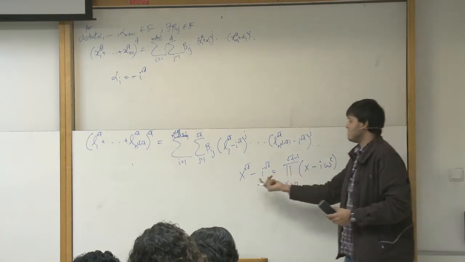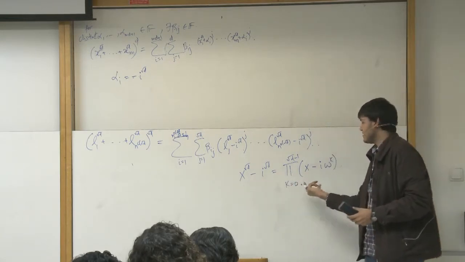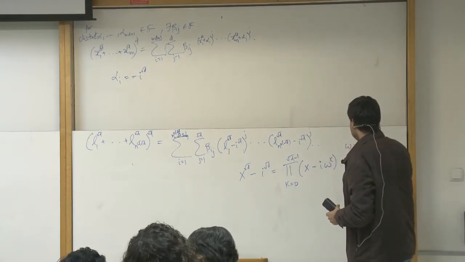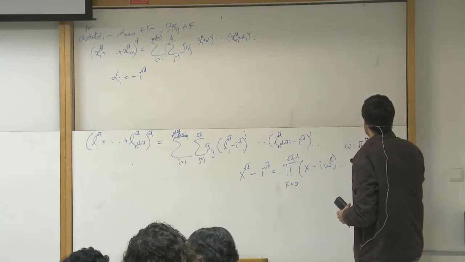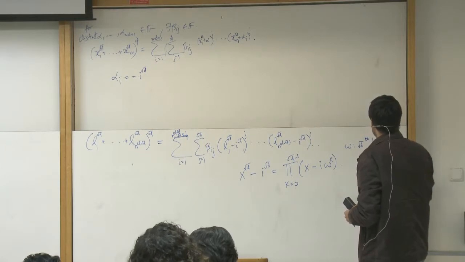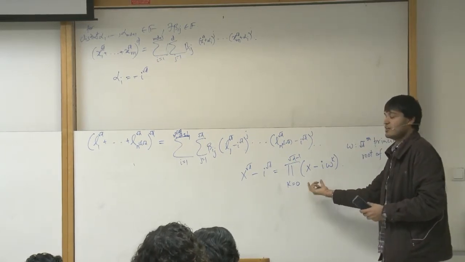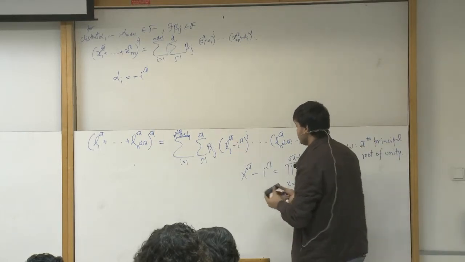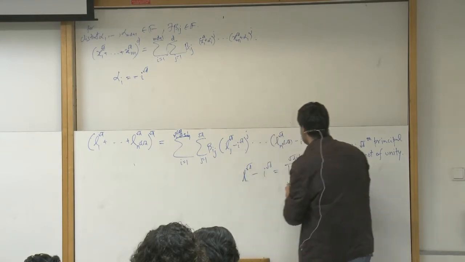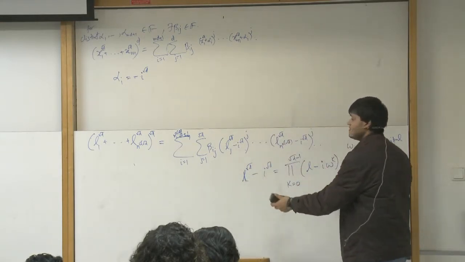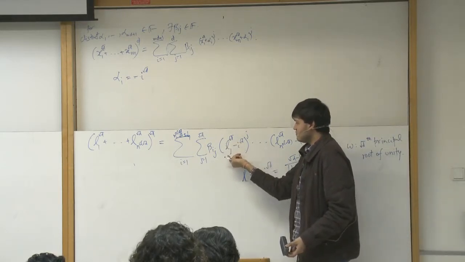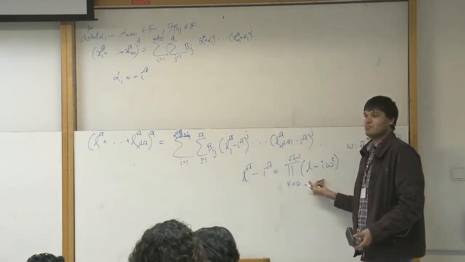By the fundamental theorem of algebra, you can always factor this into this form, where omega is the root dth principal root of unity. So we get this. Now note that this is also true for any L. You can replace x by L, and the identity still holds. So this term, which was the problem we had because it was not linear, you can factor, and now you have a linear polynomial, right?